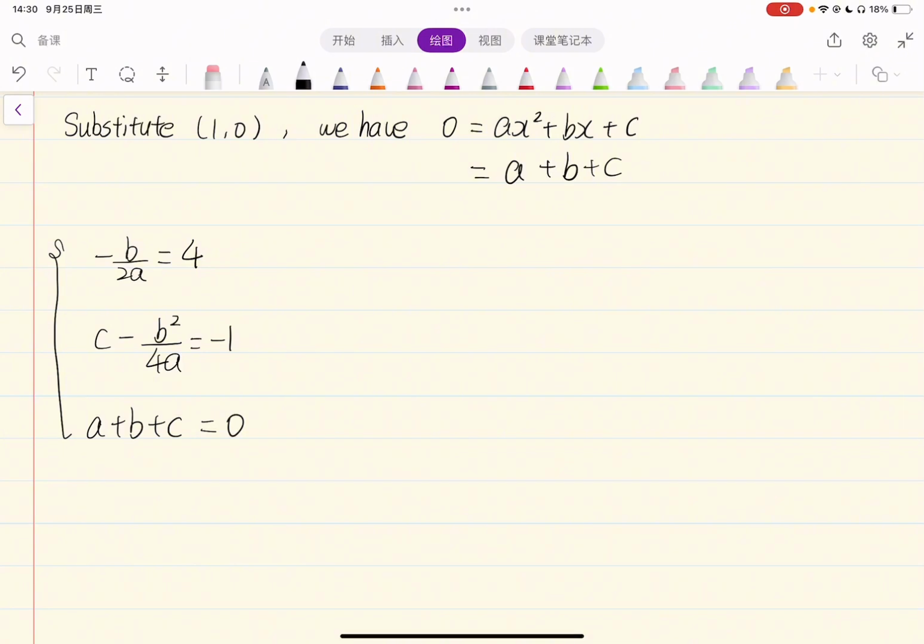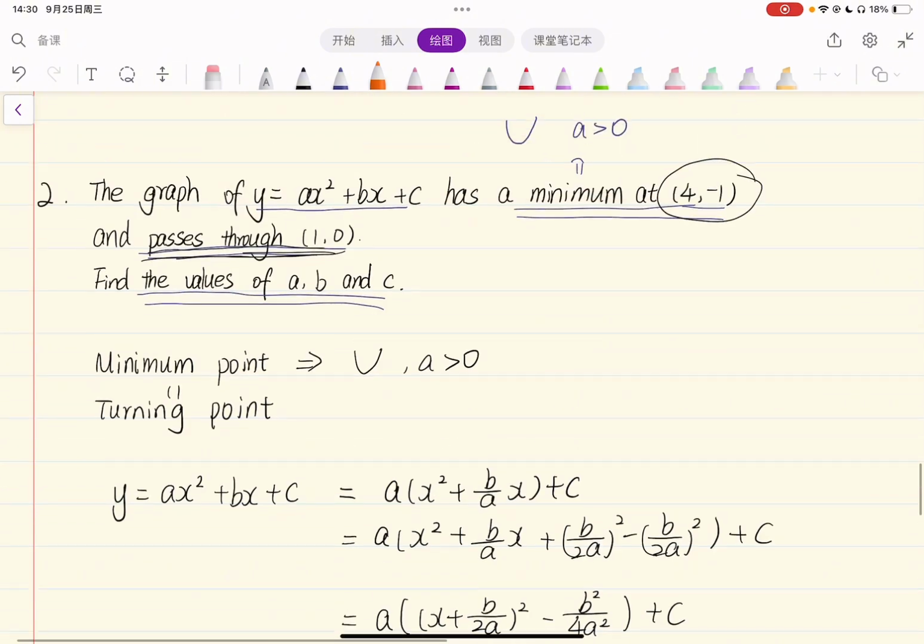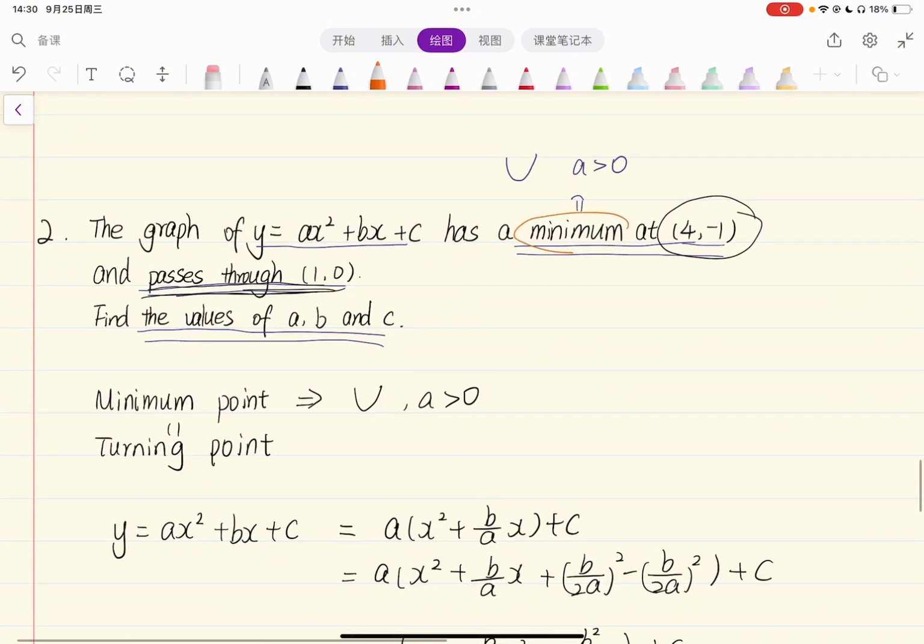So from minus b over 2a equals 4, we can get, let me write over here, minus b over 2a equals 4. To be noticed that a does not equal 0. Where do we get that? Because it has a minimum point, it has a turning point, so it must be greater than 0, not equal to 0.